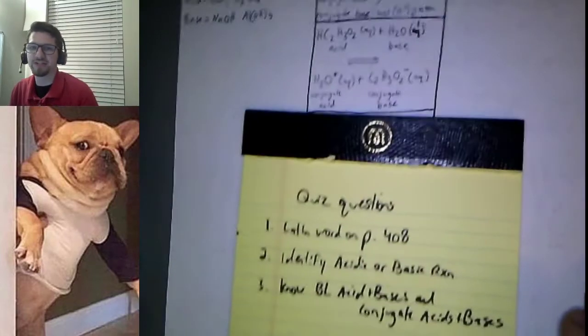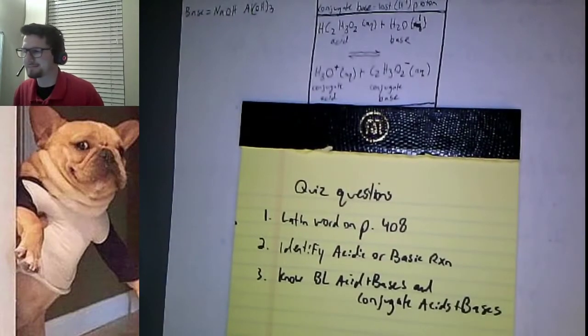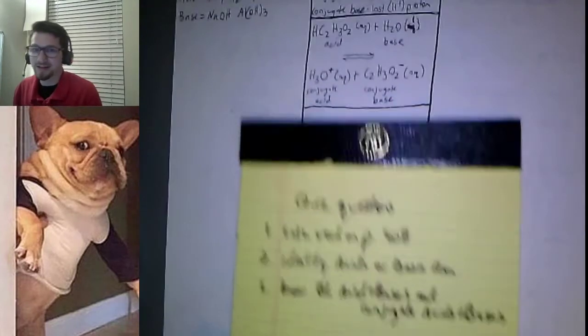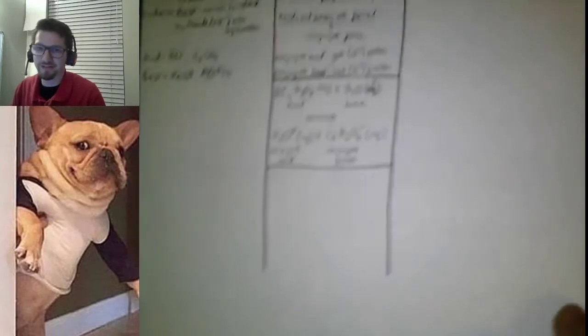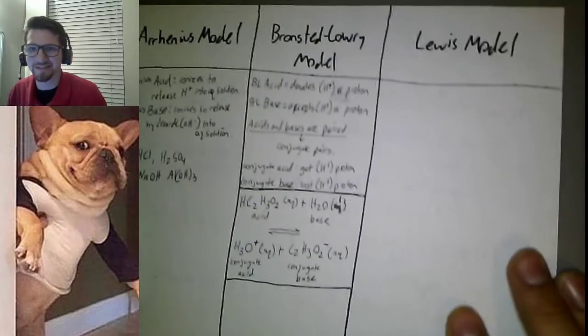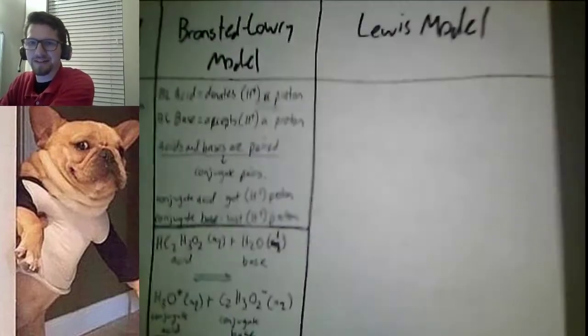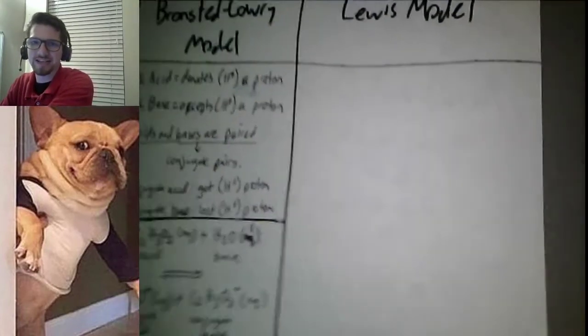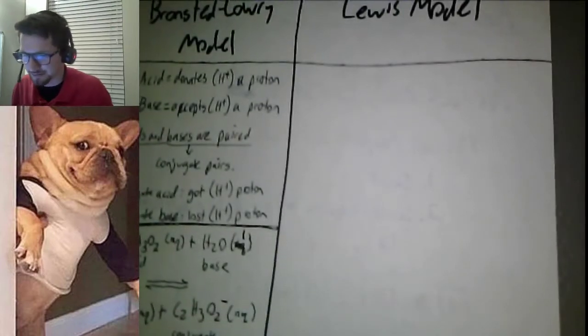Know which one's going to be which if you looked at a reaction. And if you Google that, you'll have roughly 3 million examples to look at on the internet. So I'd recommend looking in Google Images for Bronsted-Lowry reactions. You'll get some cool stuff.